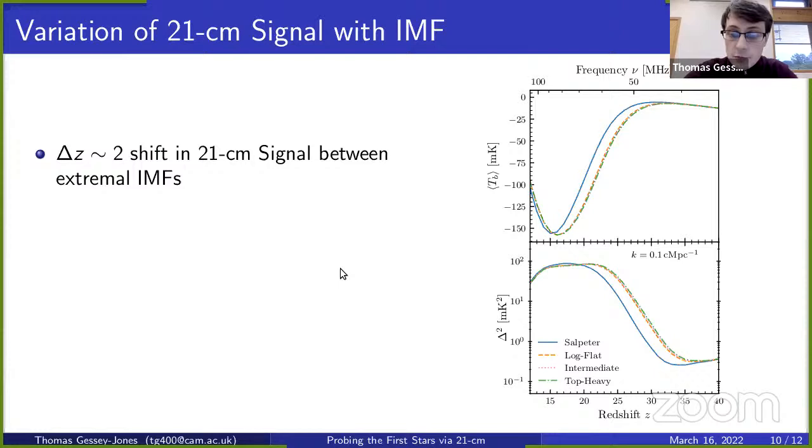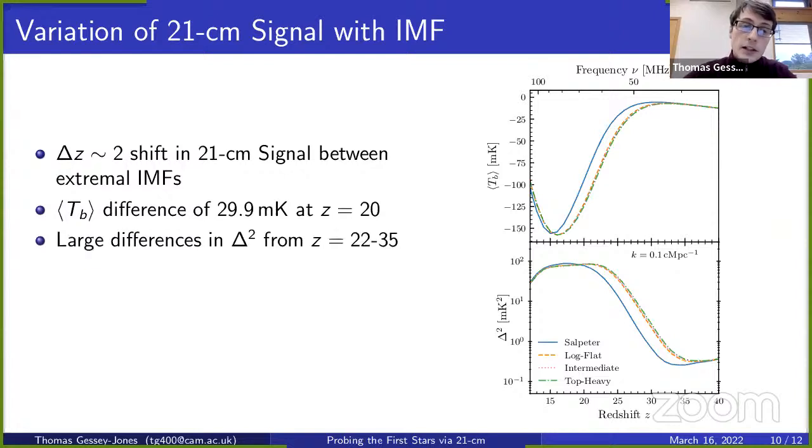Now we know which assumptions we can and can't make, we can go ahead and compare the 21 centimeter signals predicted for our different IMFs. Initially comparing our extremal cases of the Salpeter and the top-heavy, we can see that there are differences in the 21 centimeter signal predicted between IMFs.